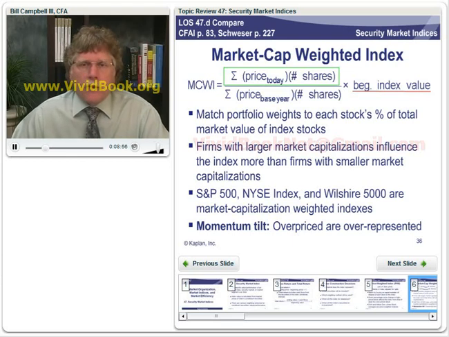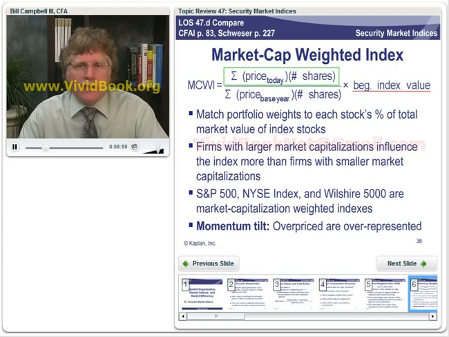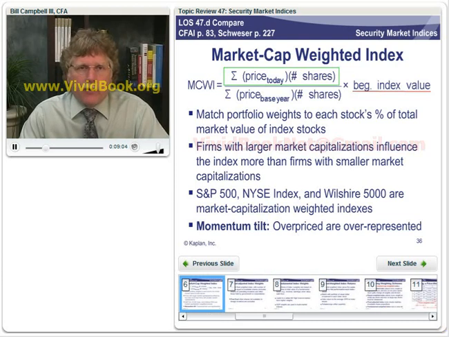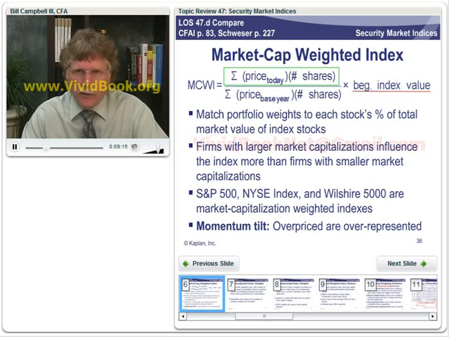So now instead of purchasing the same number of shares of each stock, a market cap weighted index represents a portfolio that owns all outstanding shares of each stock. So it owns all the outstanding shares of stock A and all the outstanding shares of stock B and C and D and so on.